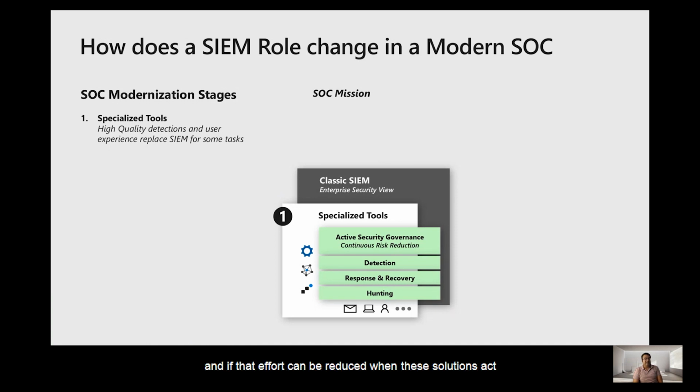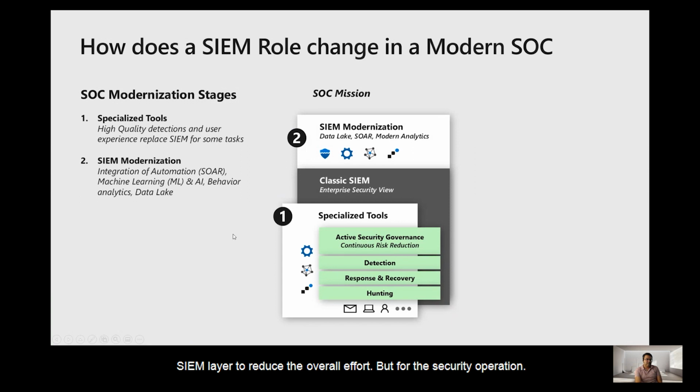And if that effort can be reduced when these solutions act upon these vectors and layers of services and solutions, whatever insights they curate can then be correlated with the remaining insights which are not impacted by the specialized tools. So all of these things can be aggregated at the SIEM layer to reduce the overall effort for security operations.